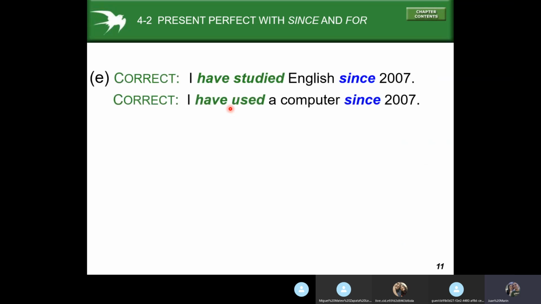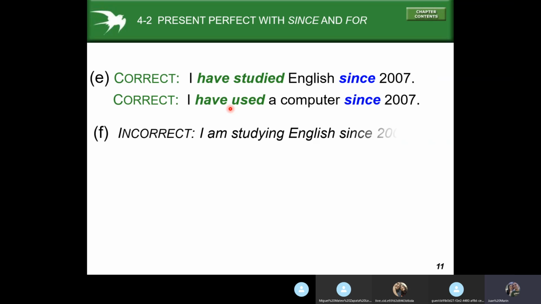For example, correct: I have studied English since 2007. Incorrect: I have used a computer since 2007. Incorrect: I am studying English since 2007.